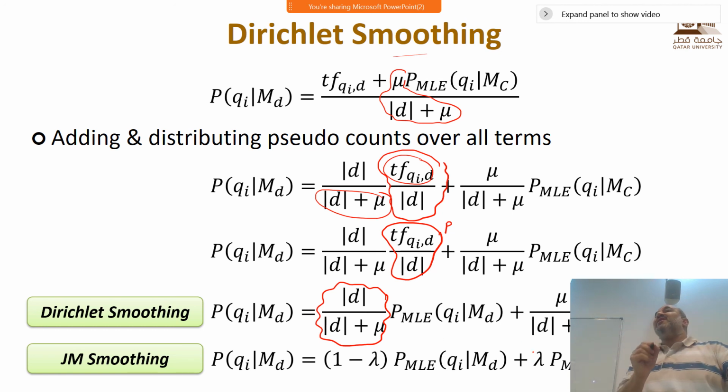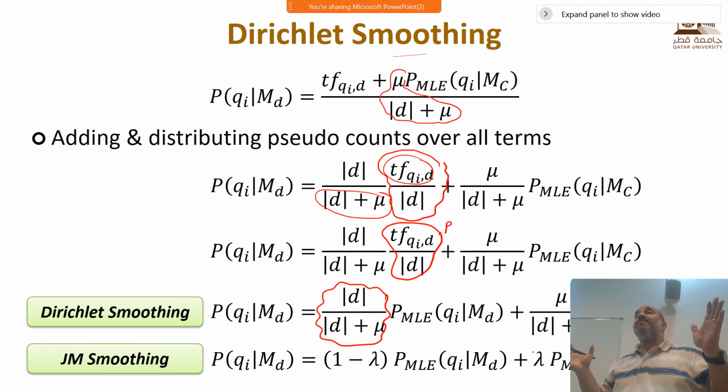The basic difference here is that in Jelinek-Mercer, we said that lambda and 1 minus lambda are constants. They don't depend on anything. Look at now these factors in the Dirichlet smoothing. They are a function of what? Of the document length. So this is like mixturing, but depending on the document.